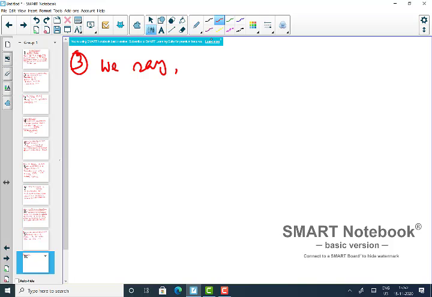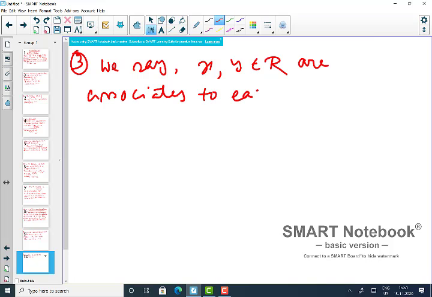If you have x and y belonging to R, two elements are called associates to each other if they differ by a unit.